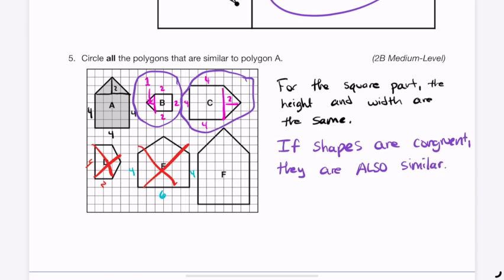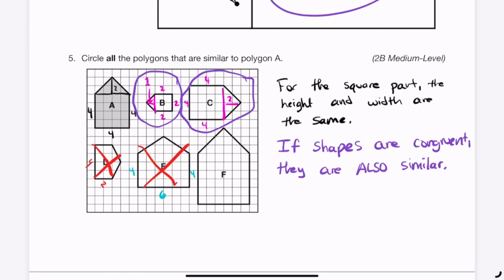We often say that shapes that are similar are the same shape and different sizes, but it's not that they have to be a different size, it's just that they can be a different size. So congruent shapes, by definition, are similar. It's like a square is necessarily a rectangle, but a rectangle isn't necessarily a square. Congruent shapes are similar. Similar shapes aren't necessarily congruent.